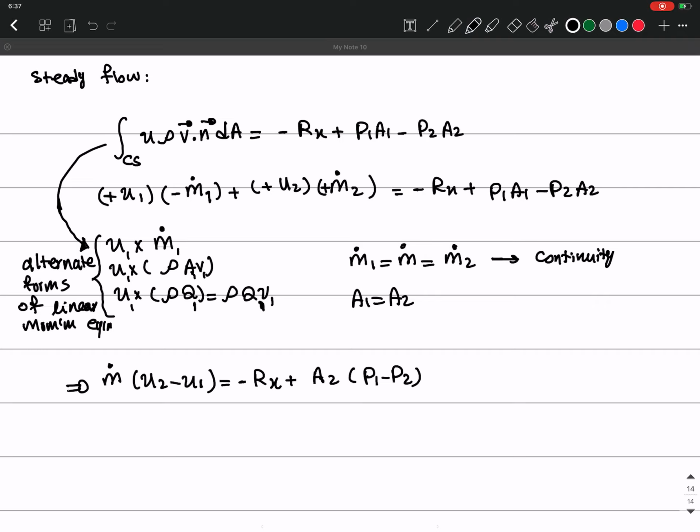Okay? And the unknown here is Rx. So I just write it down. Rx, which equals to A2 (P1 minus P2) minus m dot (U2 minus U1). Okay.